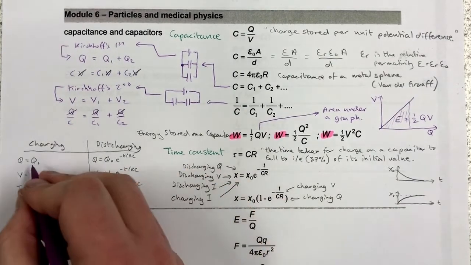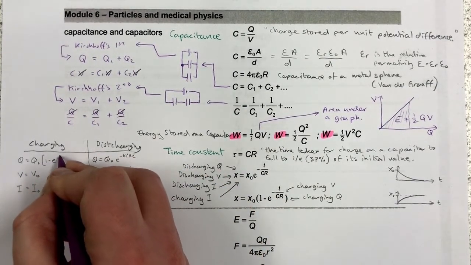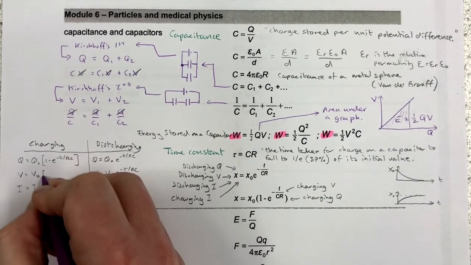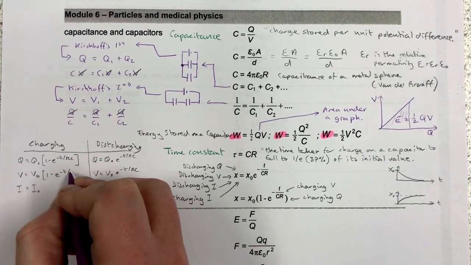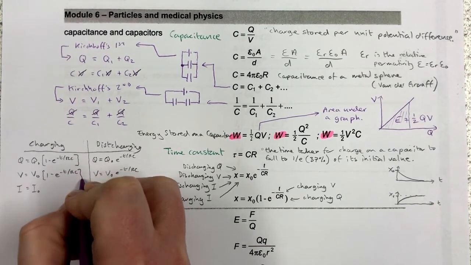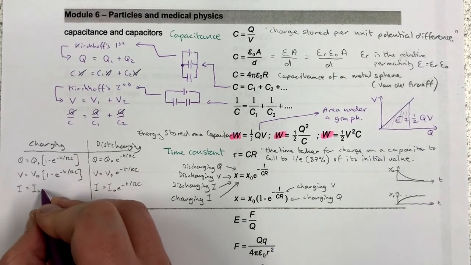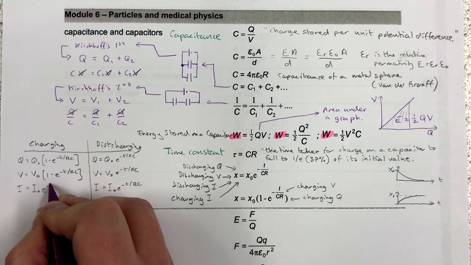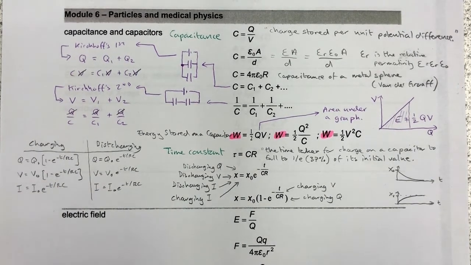So there's a pattern there, and on the charging side you would use the 1 minus e to the minus t over RC, and then for potential difference 1 minus e to the minus t over RC. But then for current, none of this 1 minus stuff, it would decay the same as it would do if it were discharging, e to the minus t over RC. And that's pretty much all the equations you get given in the exam to do with capacitors.